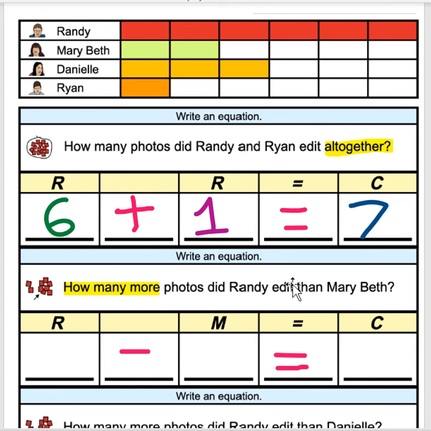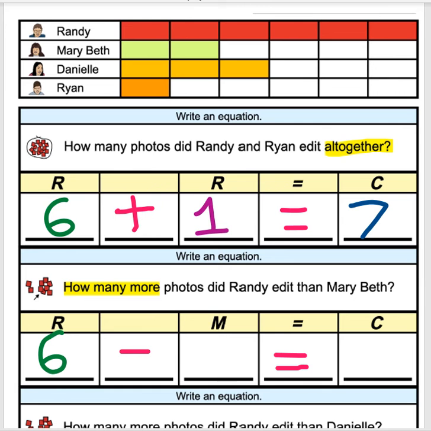The next thing that we need to know is how many photos Randy edited. So we'll go back into our bar graph. We see Randy's name and we're going to count 1, 2, 3, 4, 5, 6. So we're going to go ahead and put a 6 into our equation. So Randy had 6 photos. But now we need to know how many did Mary Beth have?